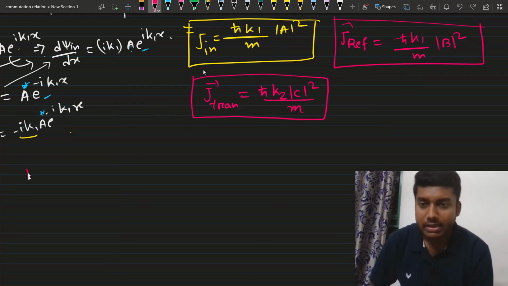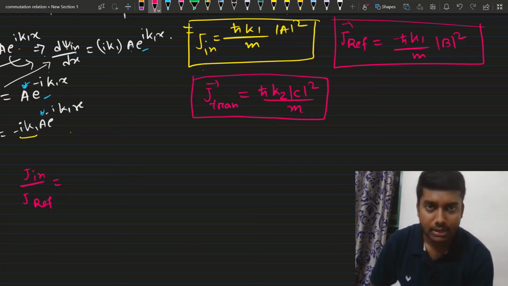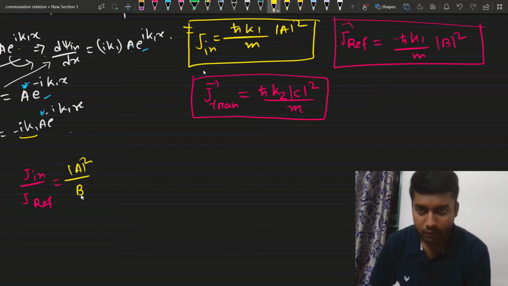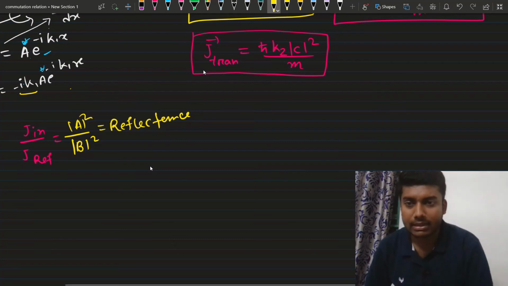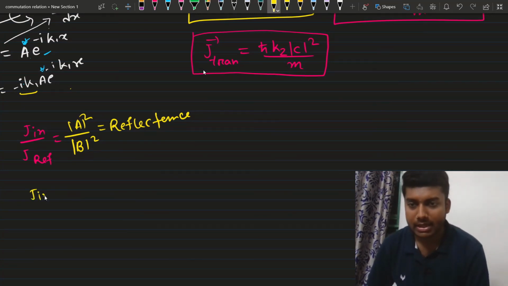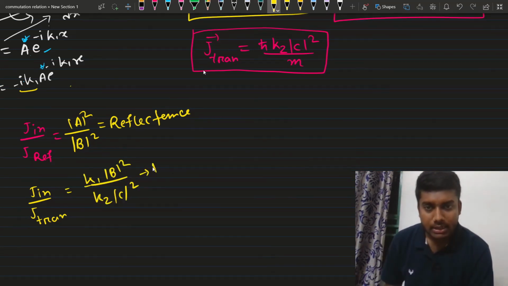Now if we divide J reflected by J incident, then we will get mod of B squared divided by mod of A squared, and this is called the reflectance, which is very important. And the other thing, J transmitted divided by J incident, if we do this, then we will get the transmittance.